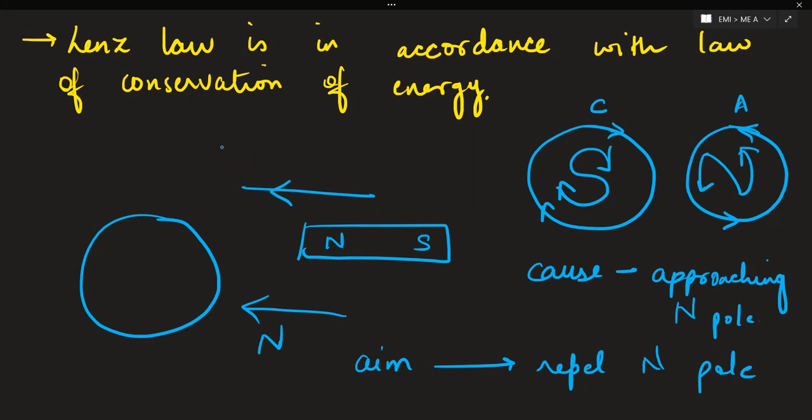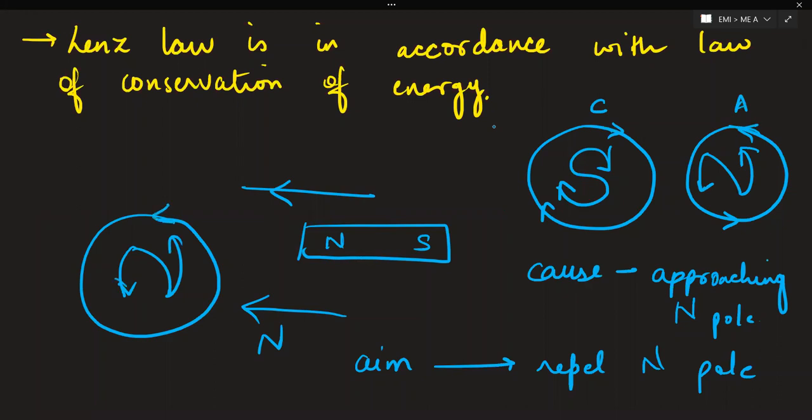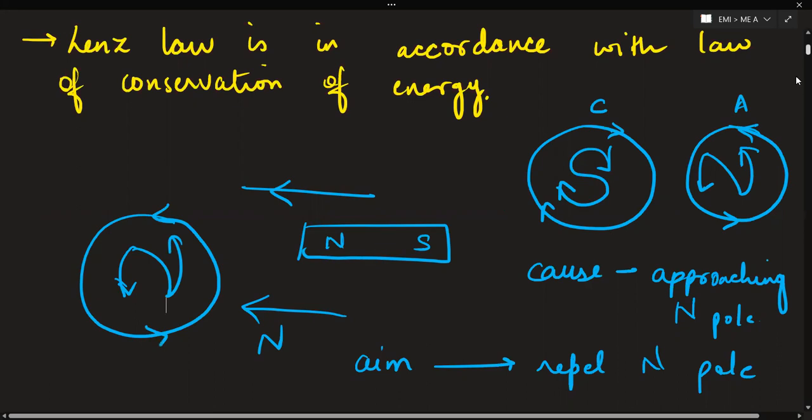Which polarity will repel north polarity? North pole, exactly, because that becomes like poles. So it means this coil will develop north polarity. So direction of induced current will be what? Anti-clockwise will be the direction. And then this north polarity will repel this. So in this way, it has opposed the cause that was producing it. Understood? For example, take one more example.